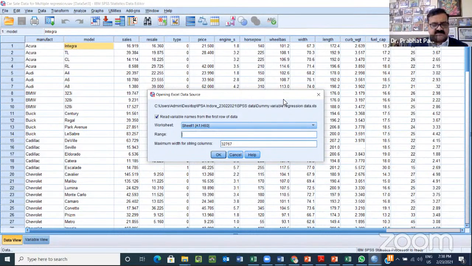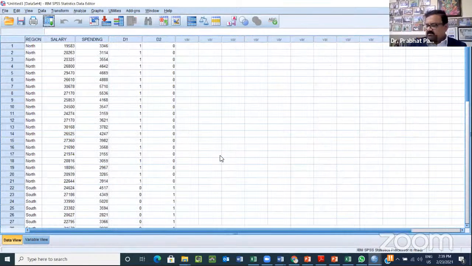Just give me a second. Okay, so here is the data with us for dummy regression.